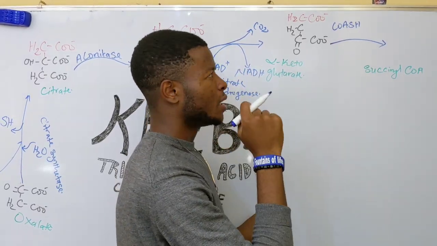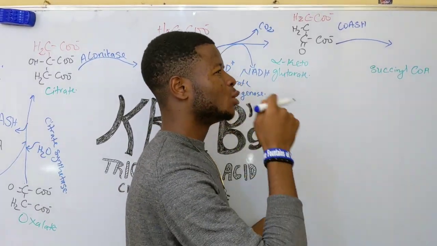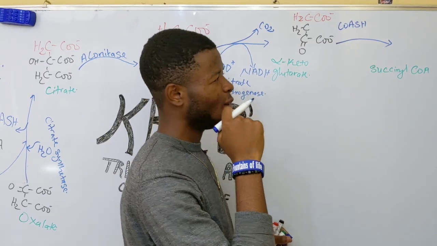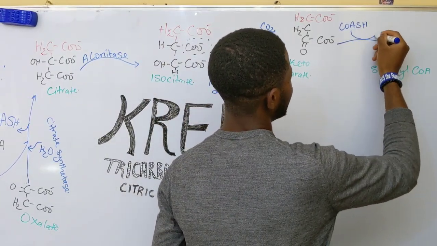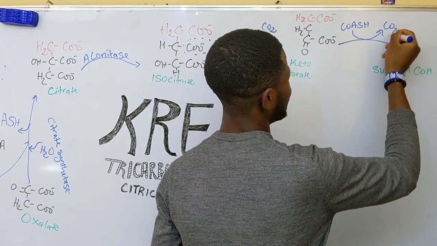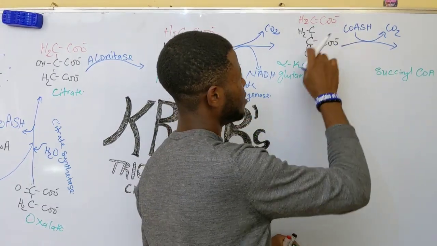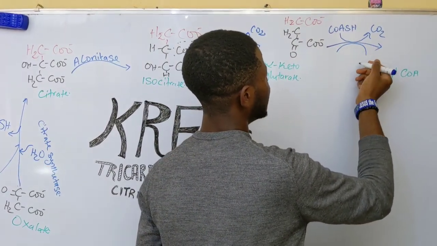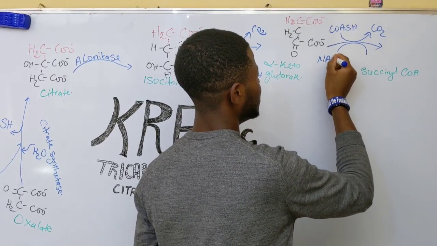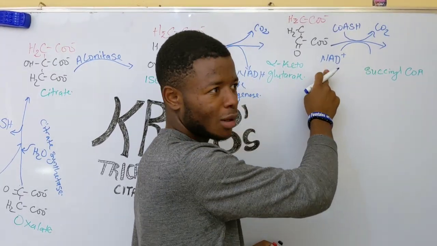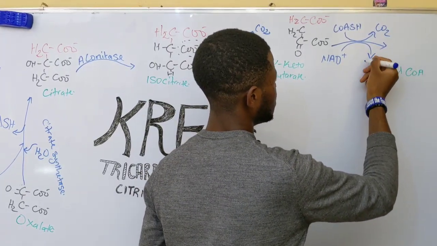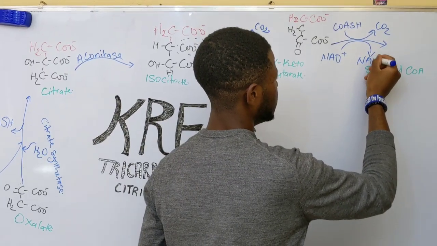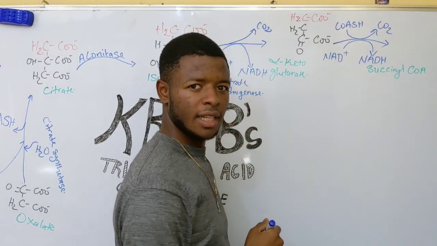And then upon that process, I'm going to be carrying out dehydrogenation and decarboxylation again. Oh, so I'm going to be carrying out decarboxylation, removing out the carbon dioxide, and then I'll be carrying out dehydrogenation. Remember, when we talk of dehydrogenation, think of NAD+, which we are going to reduce to the form NADH, isn't it?